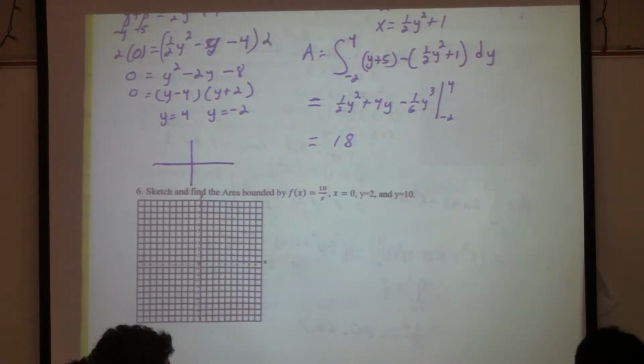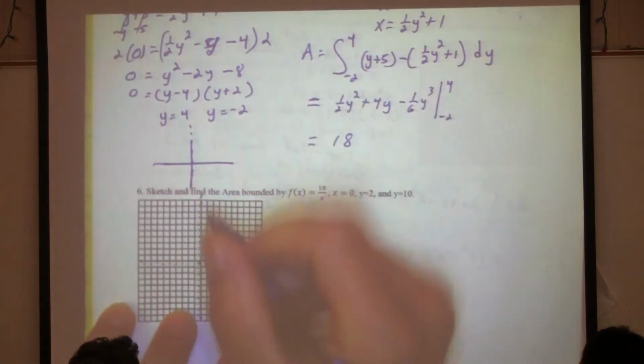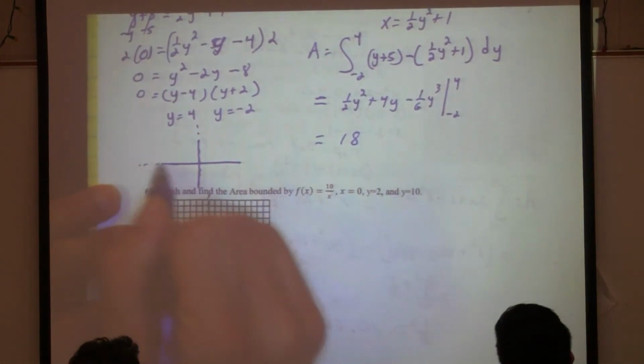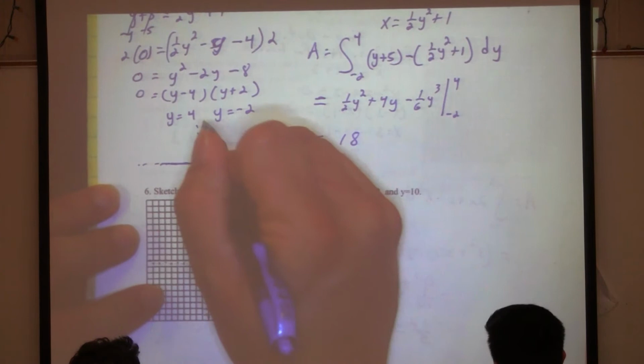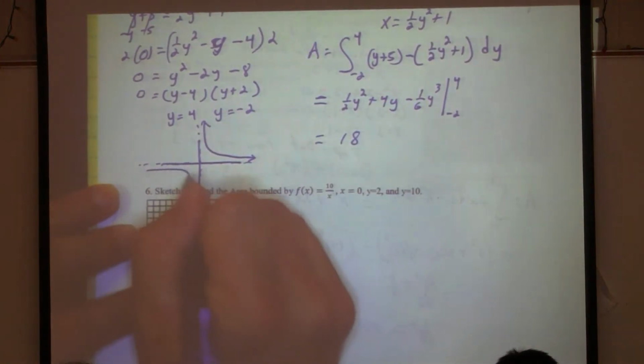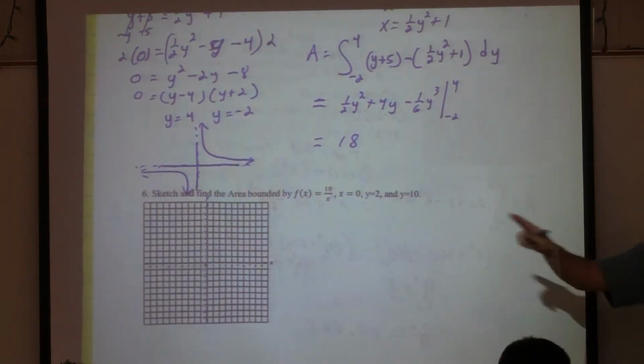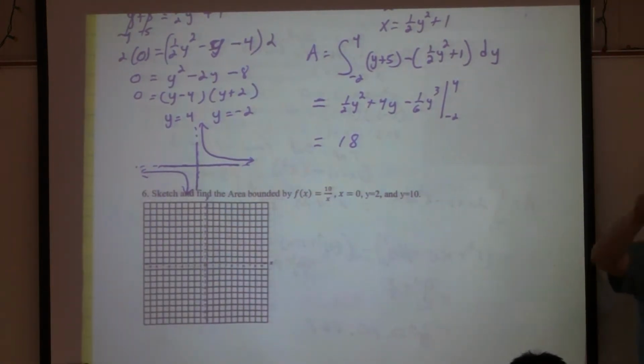Okay, so x cannot be 0, so there's an asymptote here, right? There's also a horizontal asymptote here at 0. And it looks like this. That's terrible. It's so hard to draw by hand. So it's the rational function. You remember doing that in algebra 2 and then again in pre-cal?